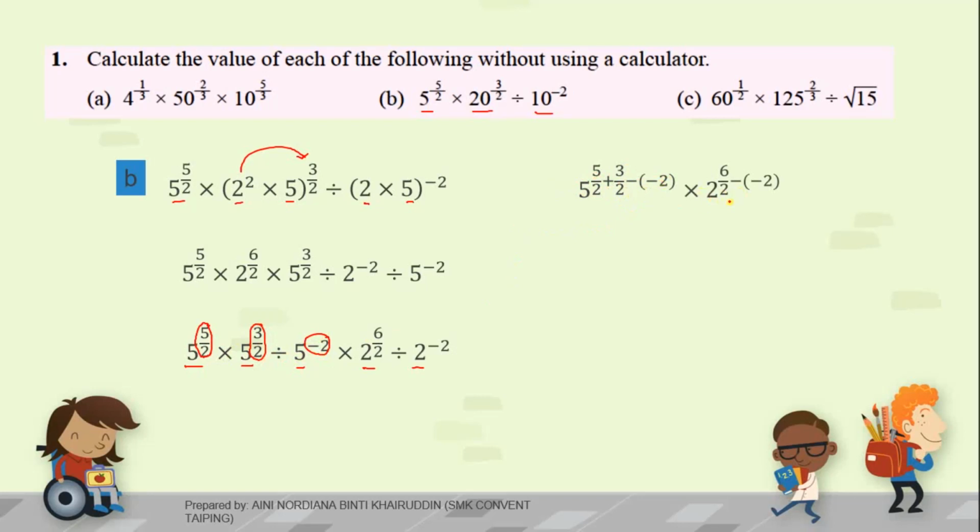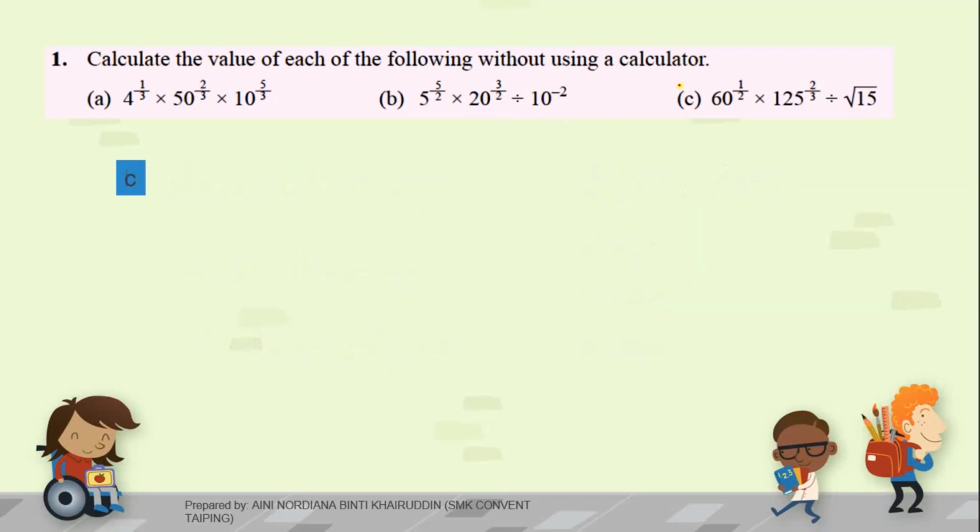And times 2 to the power of 6 over 2 minus negative 2. So use your calculator, you will get here 5 to the power of 6. This one you will get 2 to the power of 5. So 5 to the power of 6 is 15,625. And with 32, then you will get 500,000.